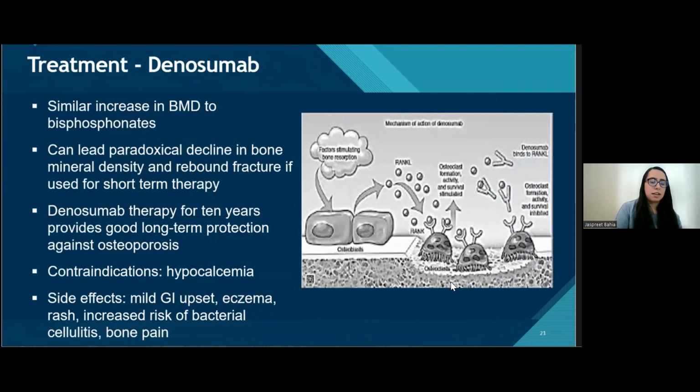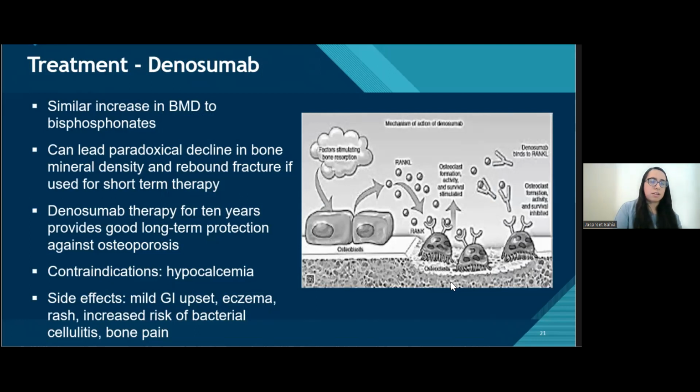When this interaction happens between RANK-L and RANK, it stimulates osteoclast activity. So denosumab works by binding the RANK-L ligand and preventing it from binding to the osteoclast. So this essentially decreases the activity of the osteoclast.